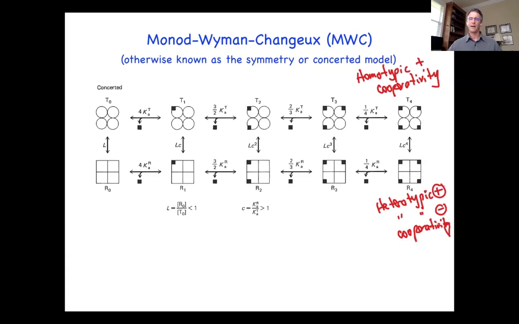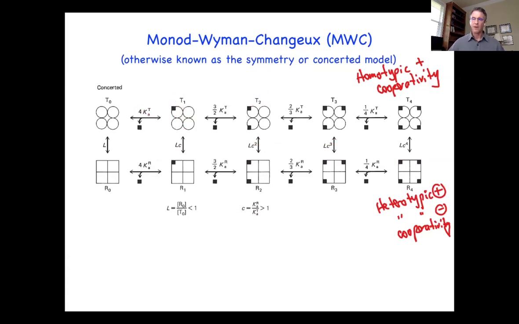So if you had a heterotypic ligand that was binding, say over here to the T state, maybe, depending on its concentration and affinity, you could pull things back in this direction, right? Which would make binding of our little square ligand more difficult, right?